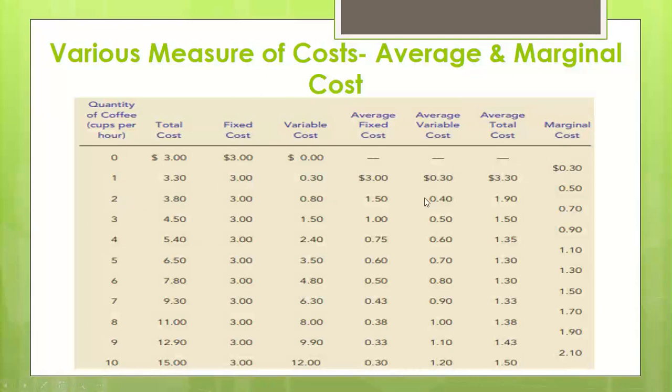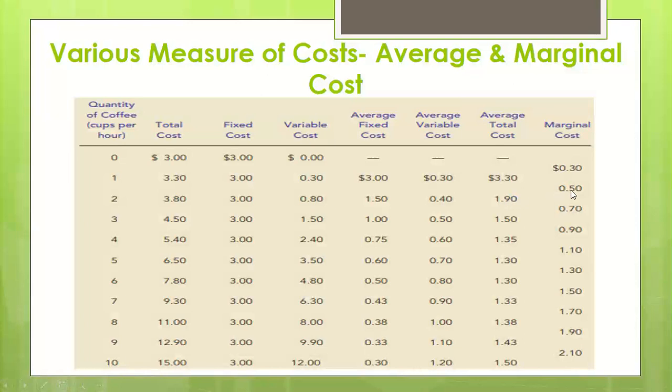So we get $0.40, and that is the average variable cost. Now another column shows us the average total cost, this one, and it comes by adding both the average fixed cost and average variable cost. That means 1.50 plus 0.40 is equal to 1.90, and that is the average total cost.